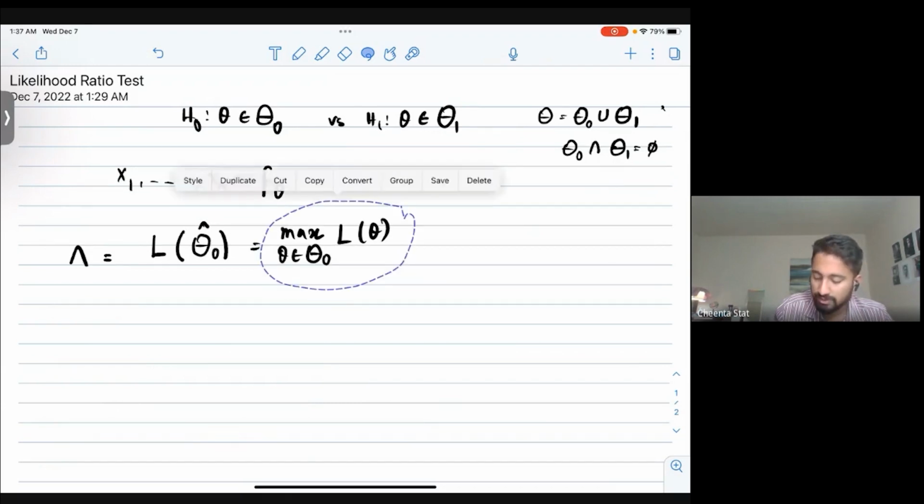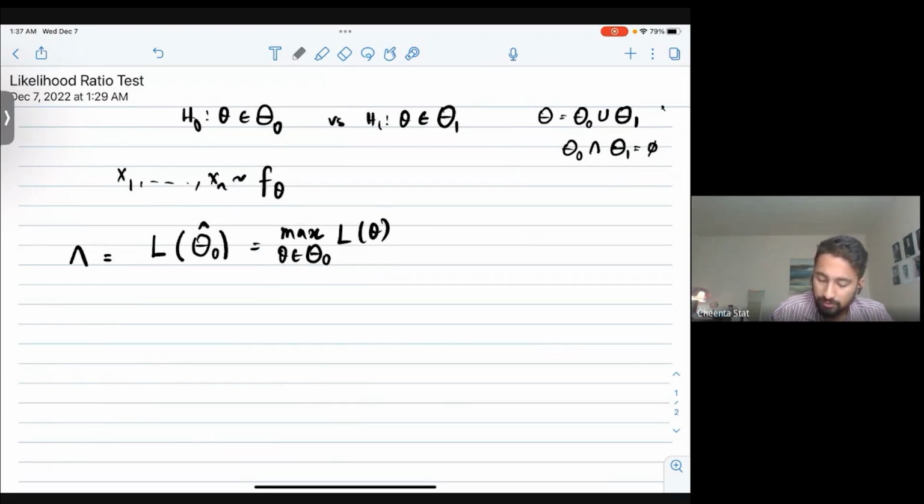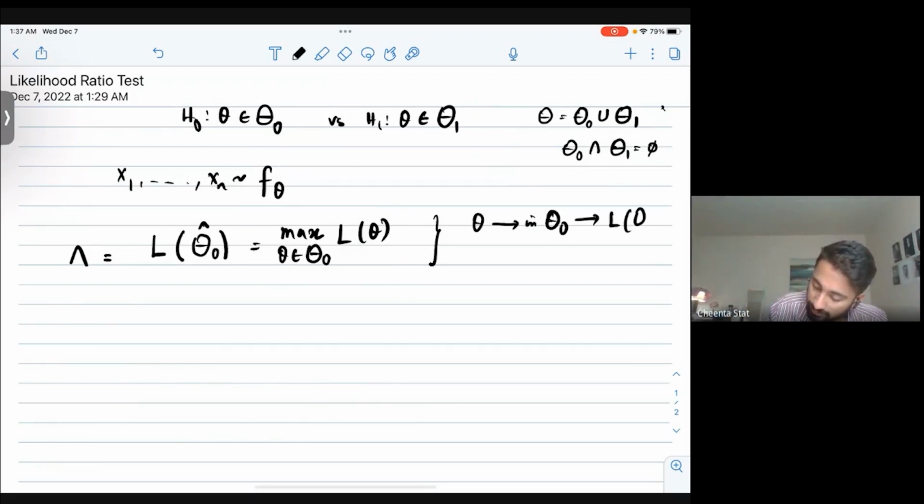It's finding the best possible approximation to theta, and corresponding to that, what is the likelihood value. This means first finding the best approximation to theta in the corresponding parameter space, and then finding the likelihood value of that.